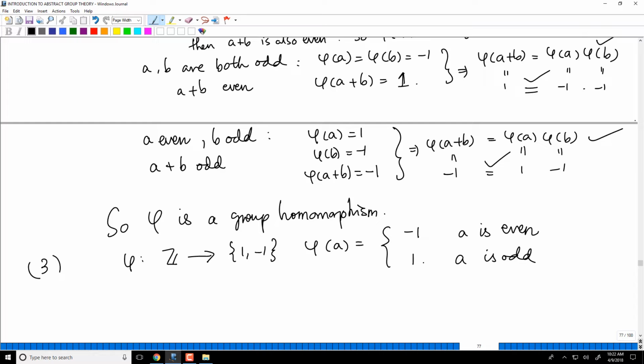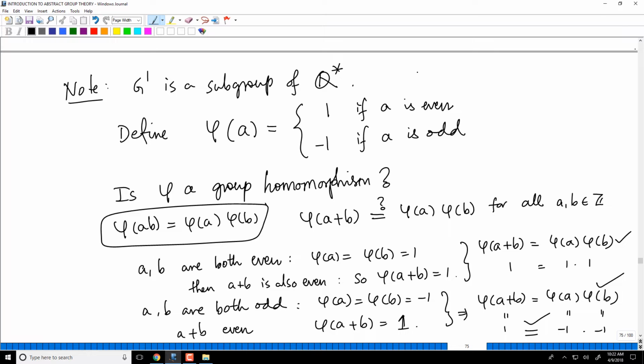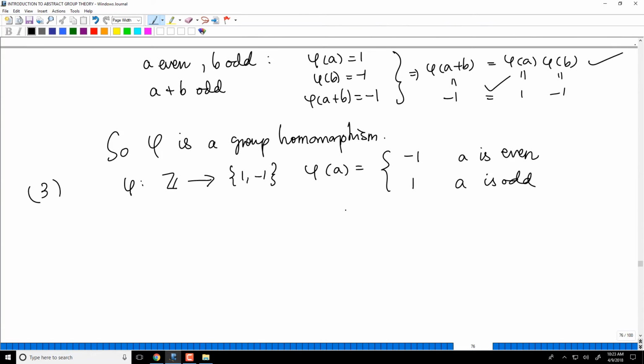So I have interchanged the previous function. Before, I sent even numbers to 1, odd numbers to minus 1. Now I am sending even numbers to minus 1, odd numbers to 1.